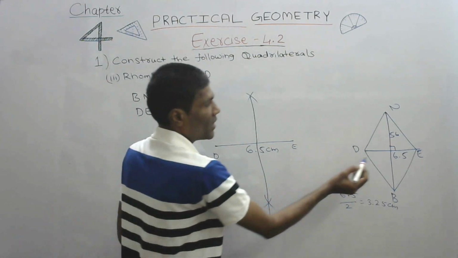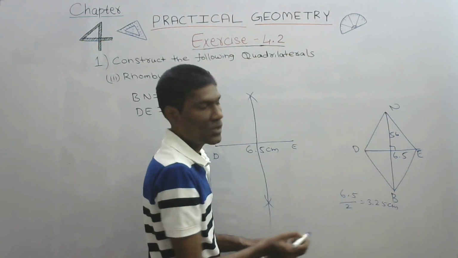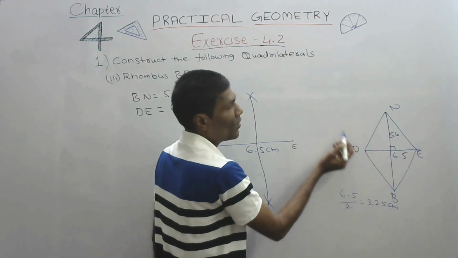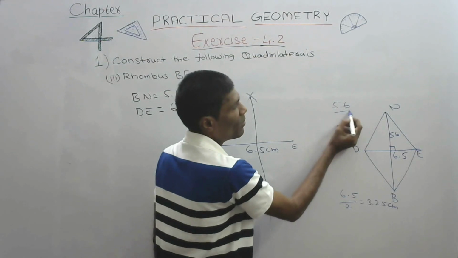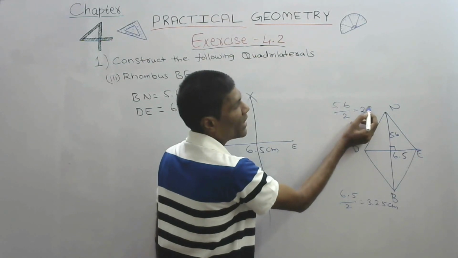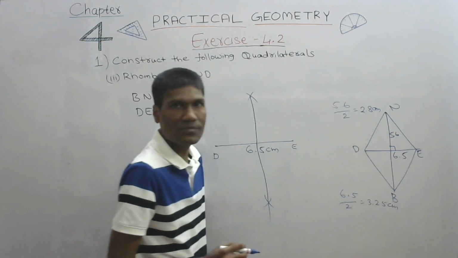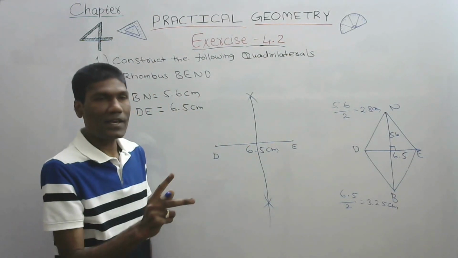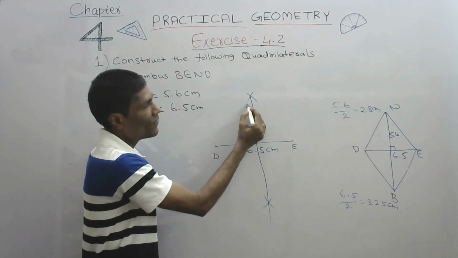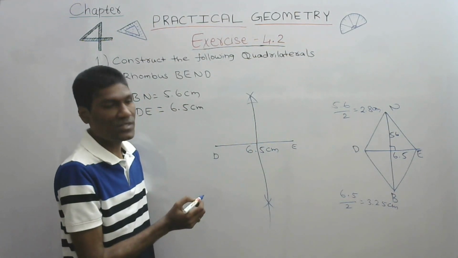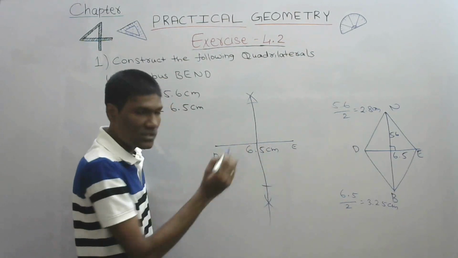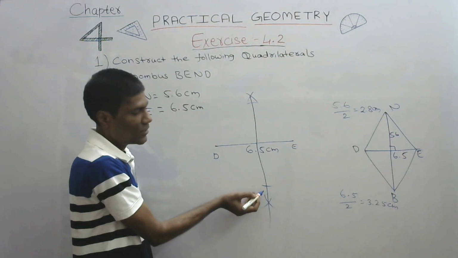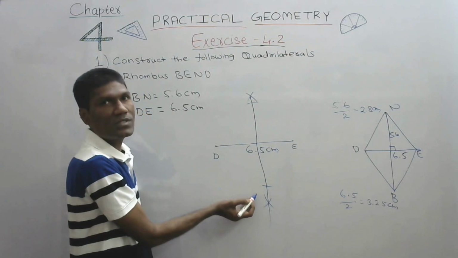Now this is 5.6. Total this is 5.6. So what will be the half of it? 5.6 divided by 2, that is 2.8 centimeters. So from here take compass and cut it with 2.8 centimeters here, 2.8 centimeters here. Simple. This is 2.8, this is 2.8. So the total will be 5.6.